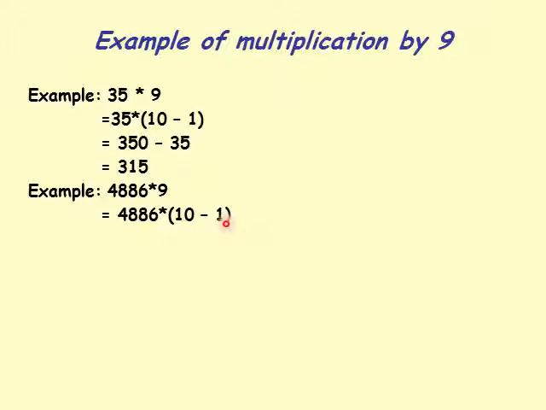Let's multiply that out. 4886 times 10 is 48860, and 4886 times minus 1 is minus 4886. Let's subtract this out, and the answer is 43974. That means 4886 times 9 is 43974.